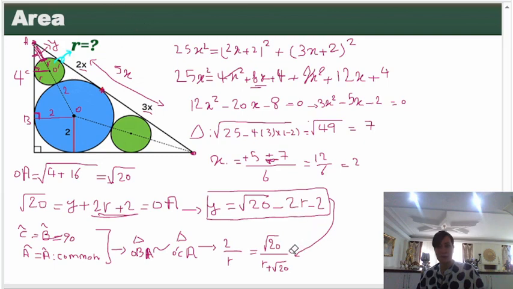Let me erase here. Minus 2R. Okay. Minus 2. So I can cancel out one of these R. So I will have minus R minus 2.